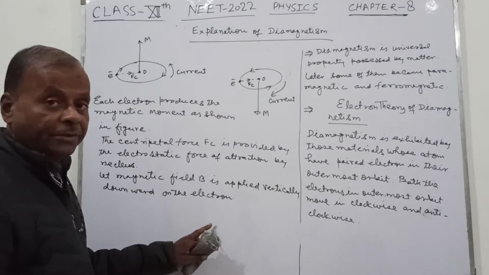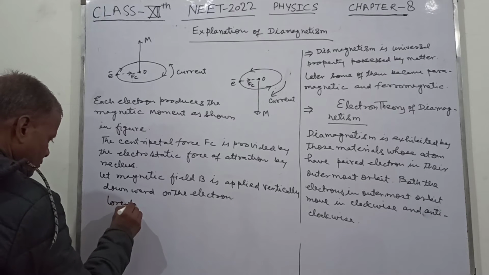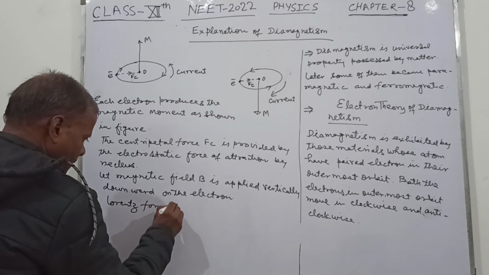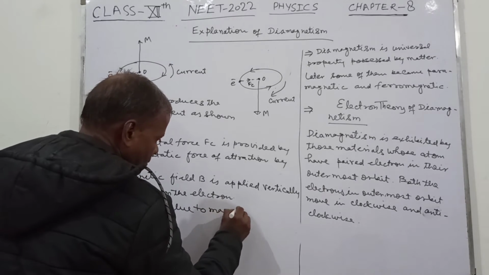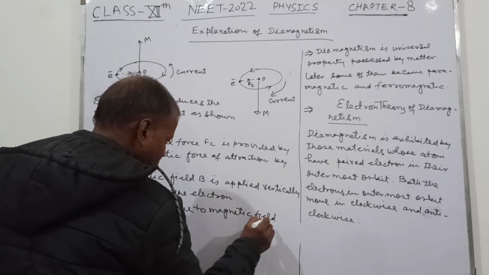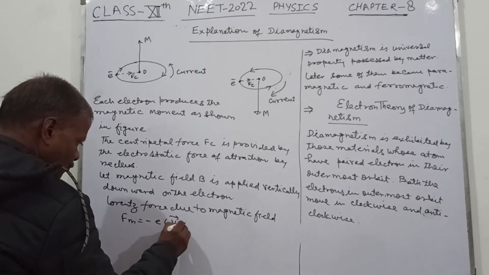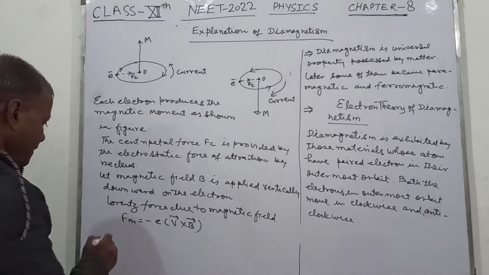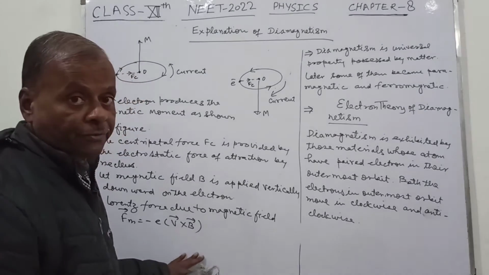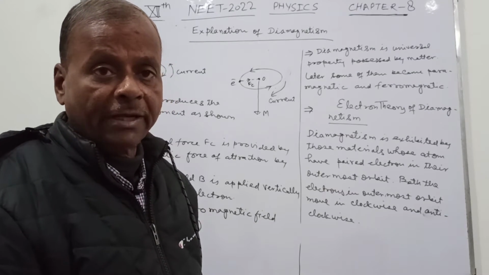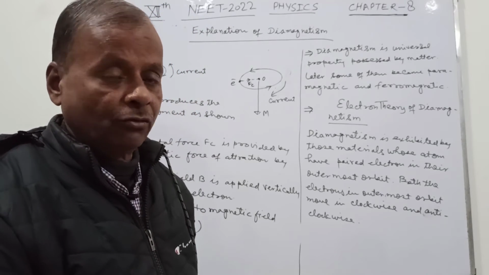Then this magnetic field will give the Lorentz force, the force due to magnetic field. Fm is equal to minus e into v cross B. This magnetic force will support one of the electrons and will not support the other electron, depending upon the motion of the electron.